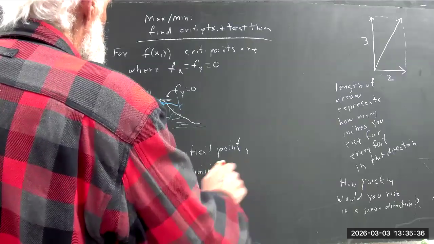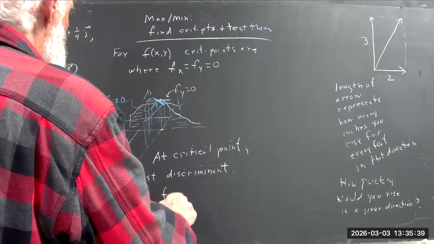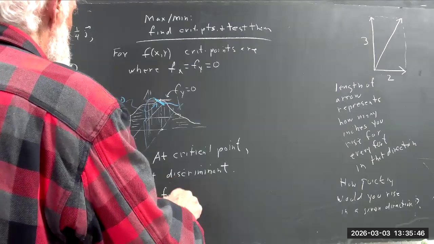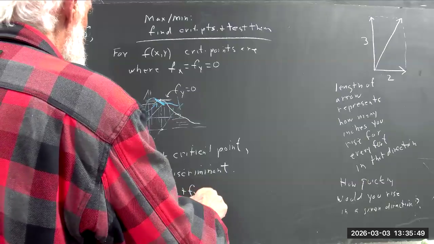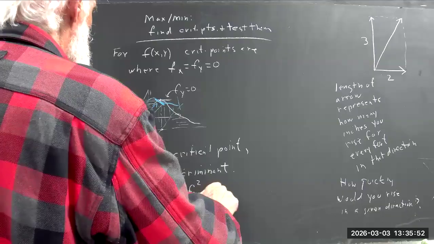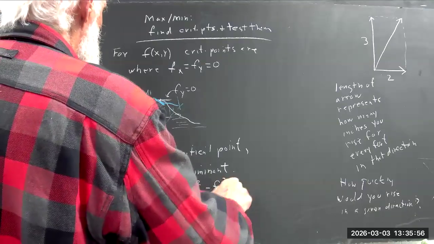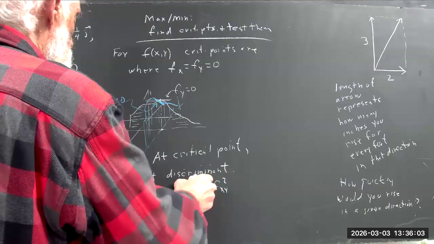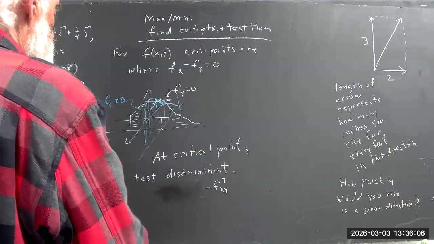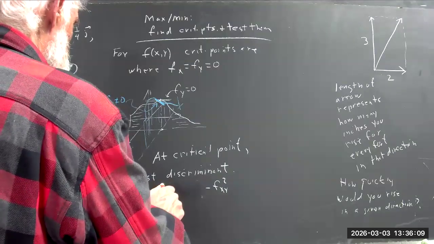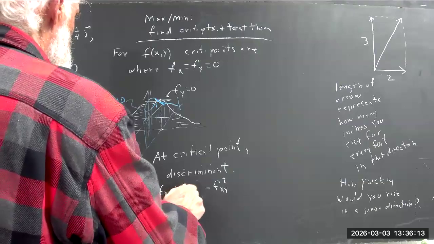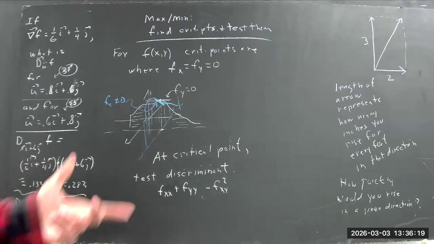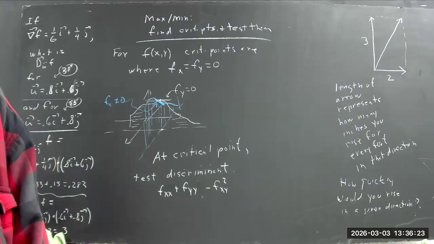At a critical point, you test the discriminant, which is FXX times FYY minus FXY squared.